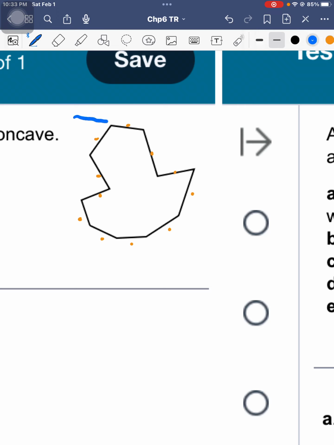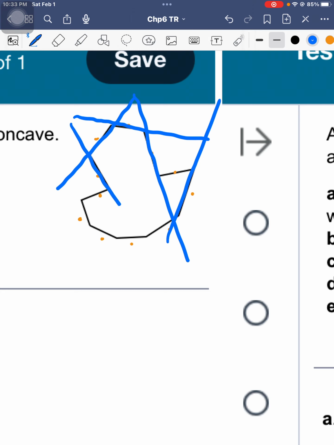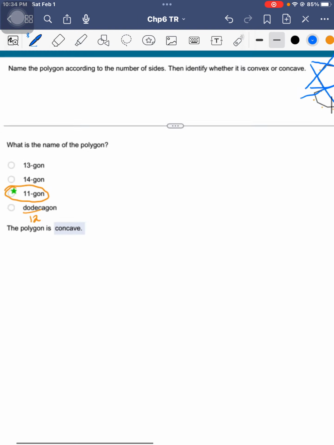Look, this length would be fine. It doesn't intersect. This line would be fine. This line would be fine. But what happened? Look, this one's not good. This one's not good. This one's not good. This one's not good. So even if just one of them is intersecting the figure, then it is no longer convex. It is concave.